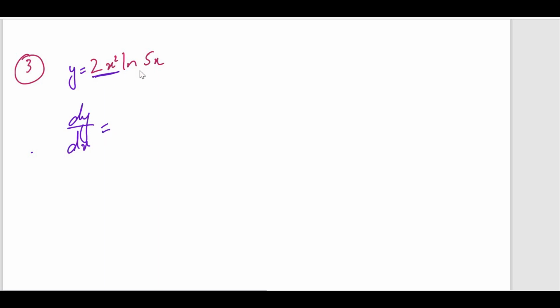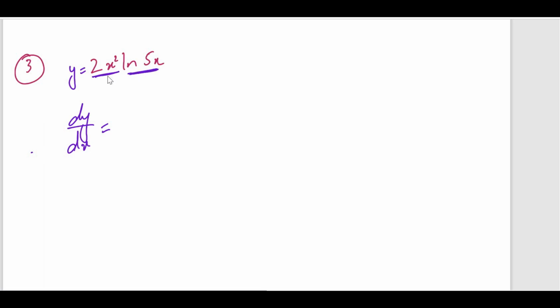We have to use the product rule and the natural log. Now here the function is this one, and we have to find the derivative, or we have to differentiate it. So how can we differentiate it? This will be dy by dx equals to, now we have two different functions, the first function and the second function.